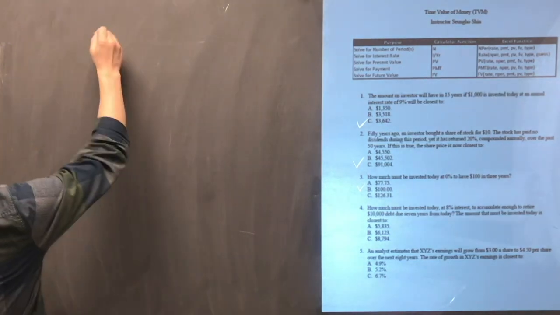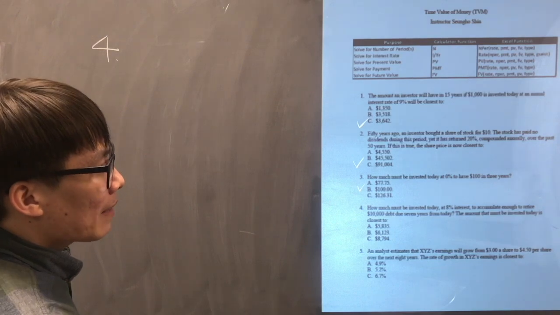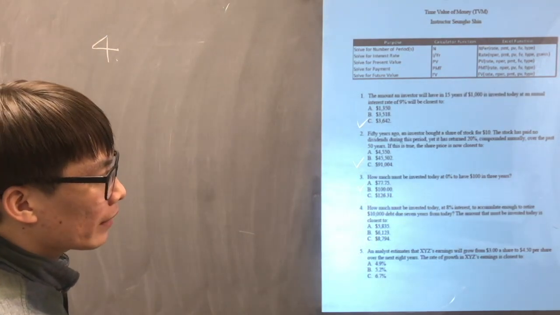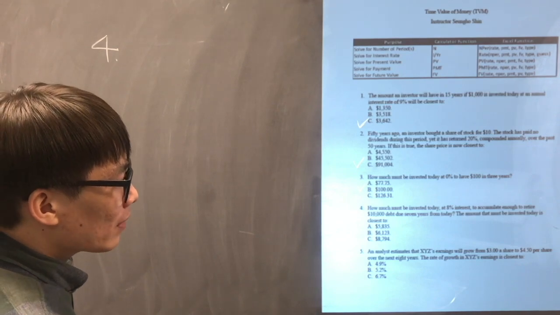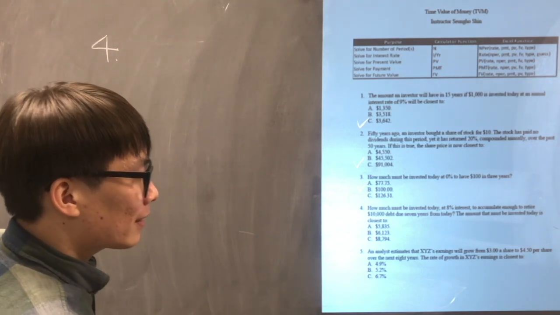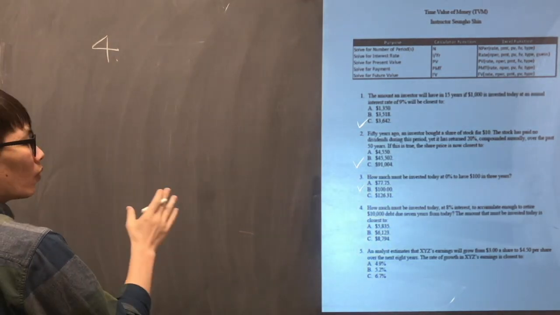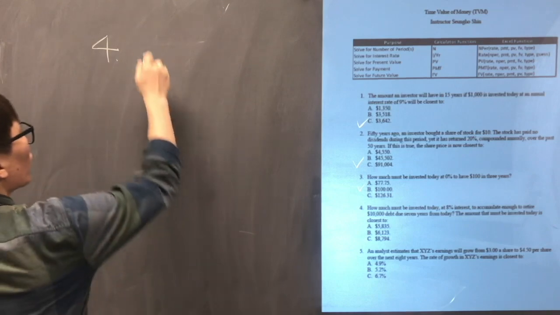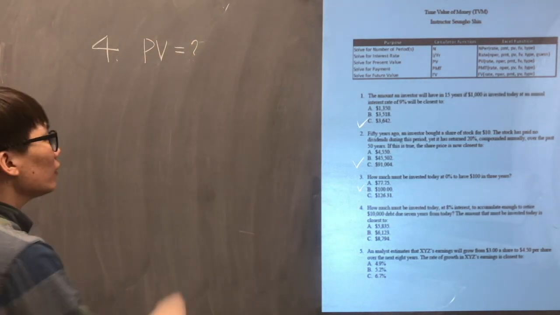Question number 4. How much must be invested today at 8% interest to accumulate enough to retire a 10,000 debt 7 years from today? The amount that must be invested today is closest to. So simply, figure out the present value, right?